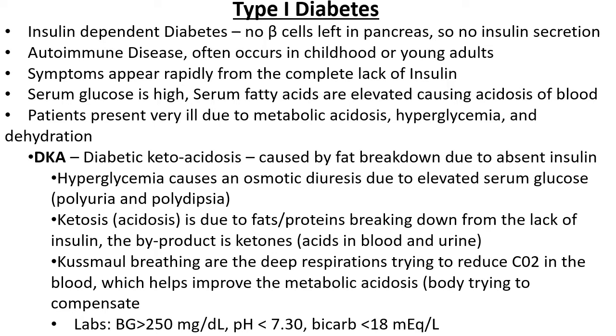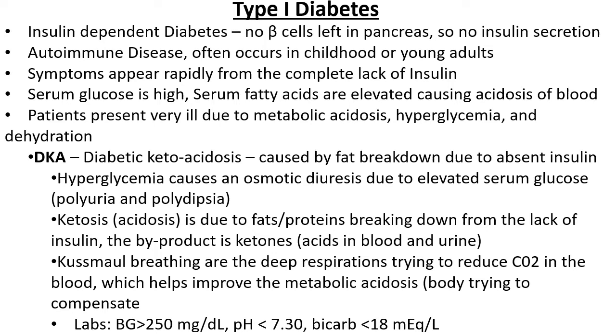So I'm going to help out by breaking down fatty acids, okay? When in actual fact, there's loads of energy in the bloodstream in the form of glucose, but it just can't get into cells, okay? So the ketones cause acidosis, which makes us very sick.